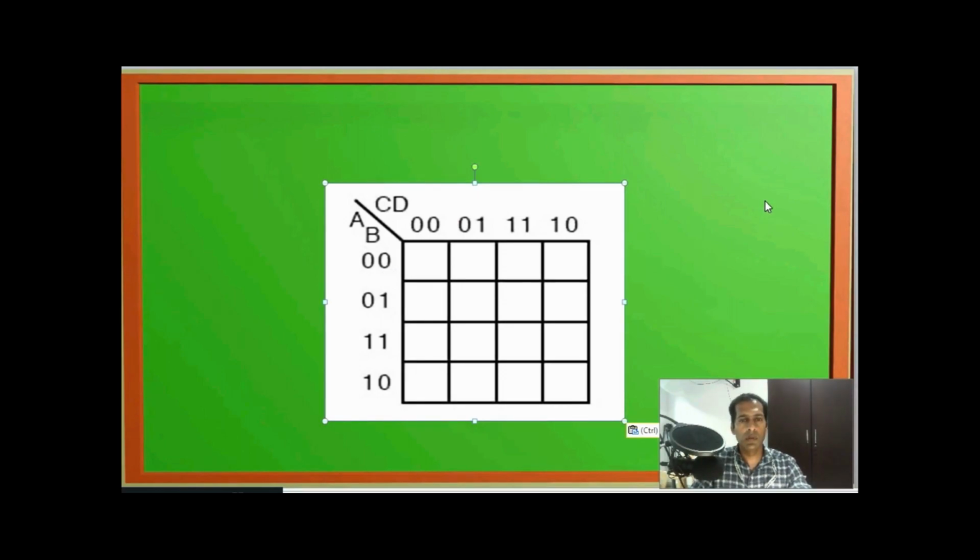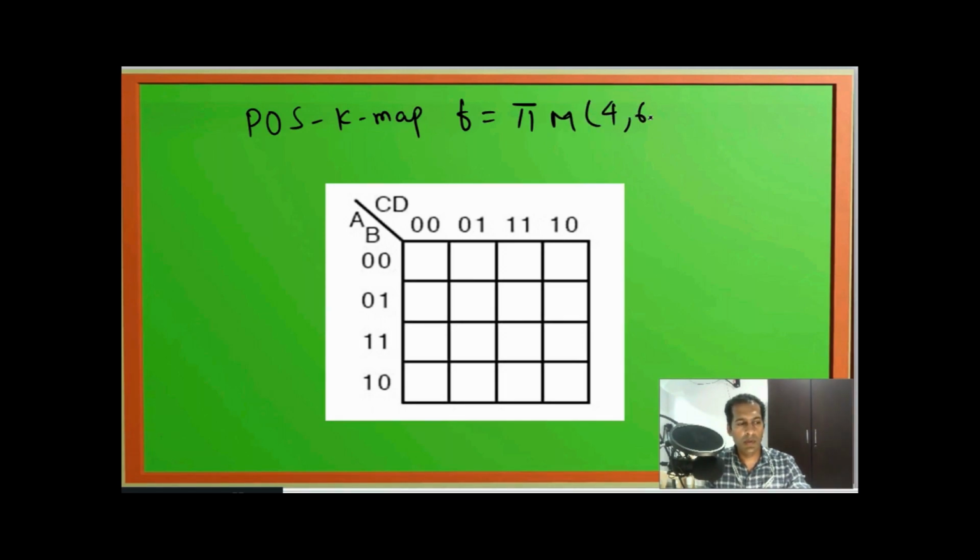So we make the POS K-map, with the function capital Pi capital M 4, 6, 11, 14, 15.